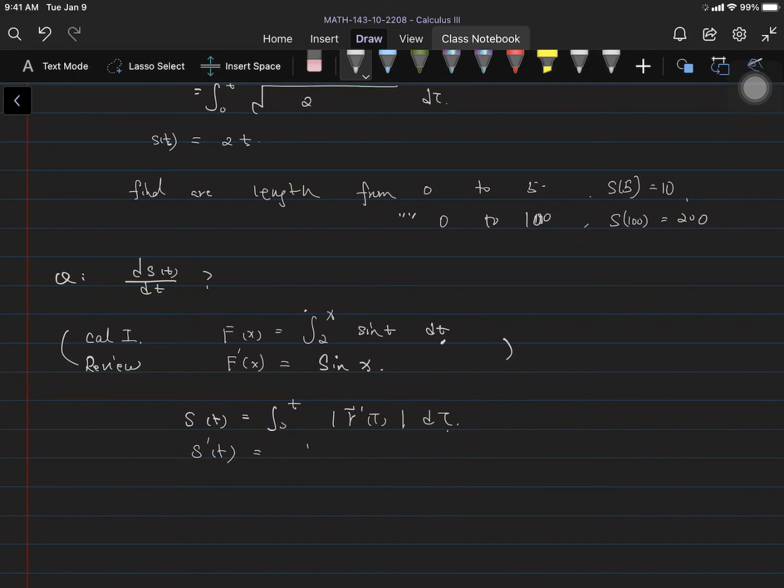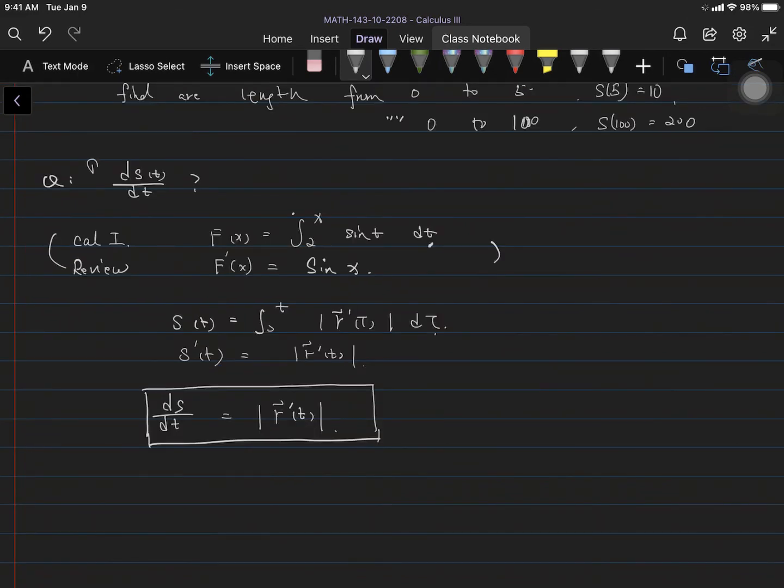It's just the length of r prime of t. Change tau into t, same thing. So actually ds/dt equals the length of the derivative of the tangential vector. Okay, ds/dt equals this one. So in the future, we may use this conclusion.